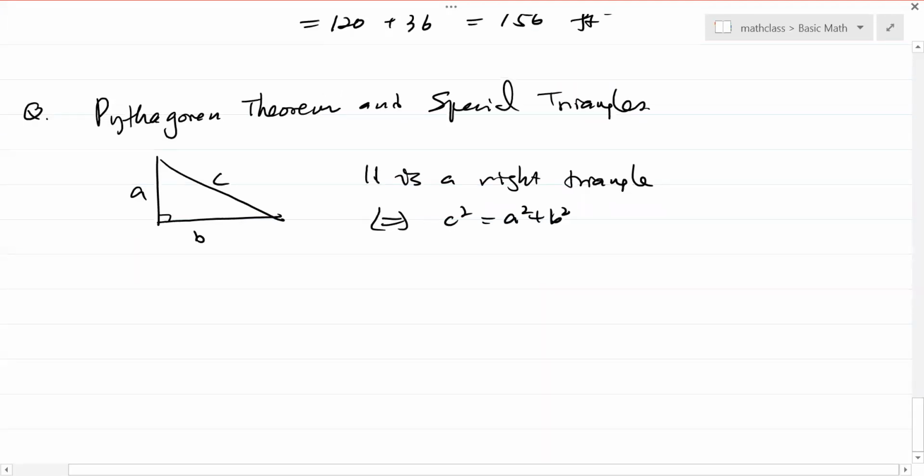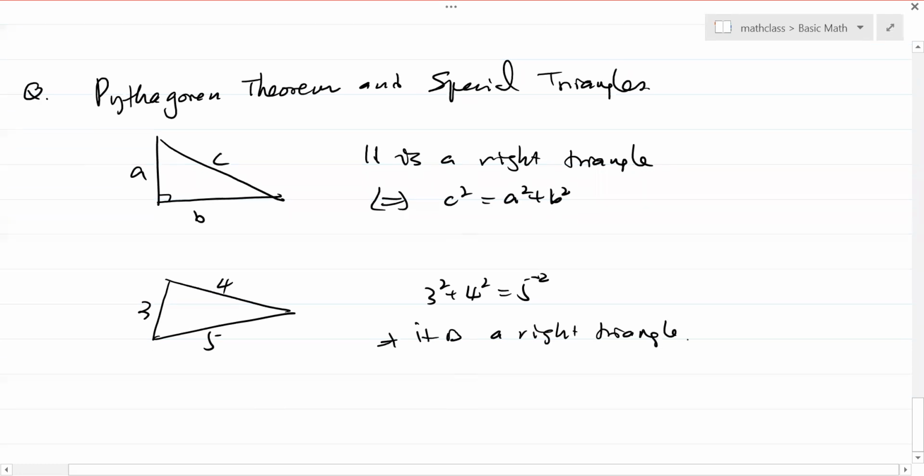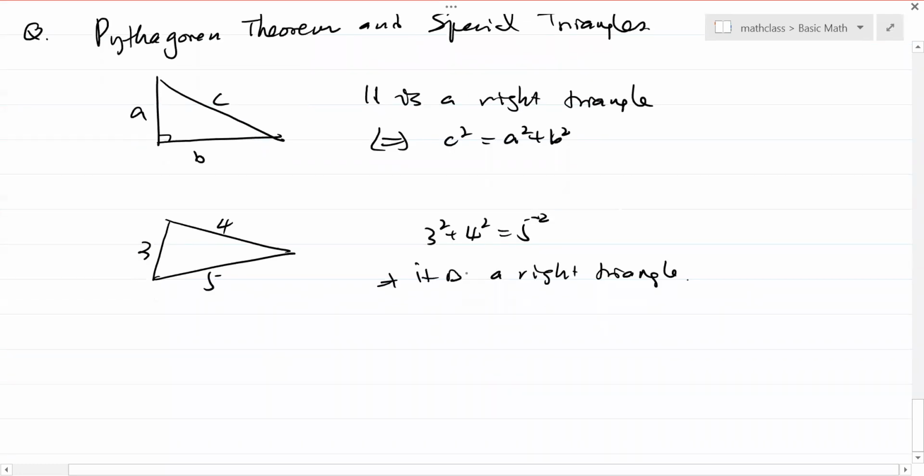So if you are given information like 3, 4, 5, then 3 squared plus 4 squared equals 5 squared, so it is a right triangle, right? That's very important information. Most students just remember the formula: if it is a right triangle, then a squared plus b squared equals c squared. But conversely, it's also true.